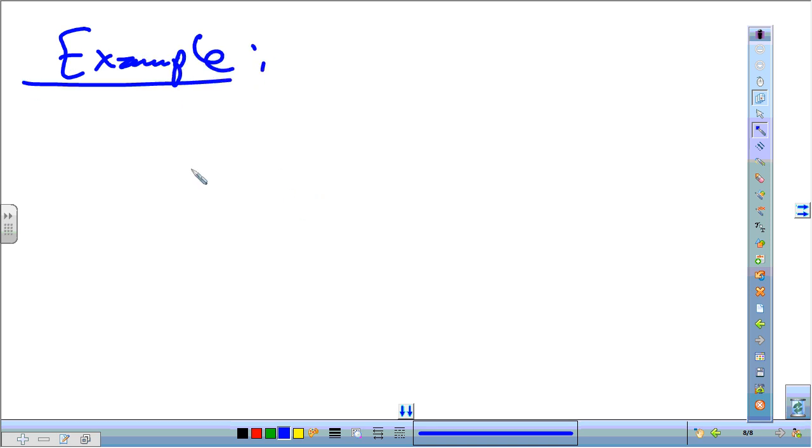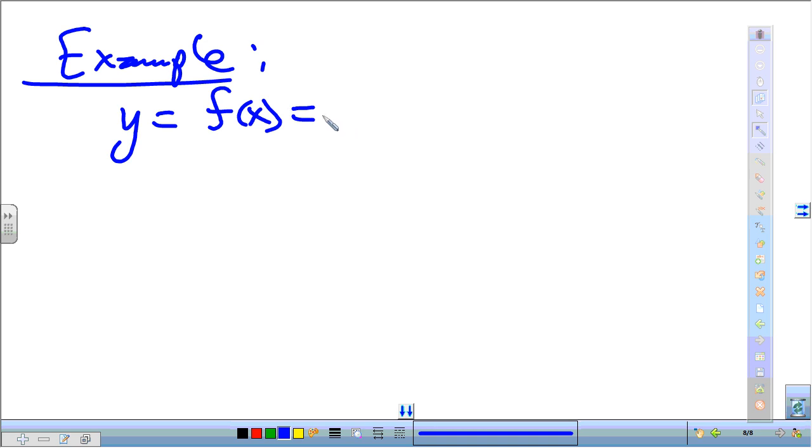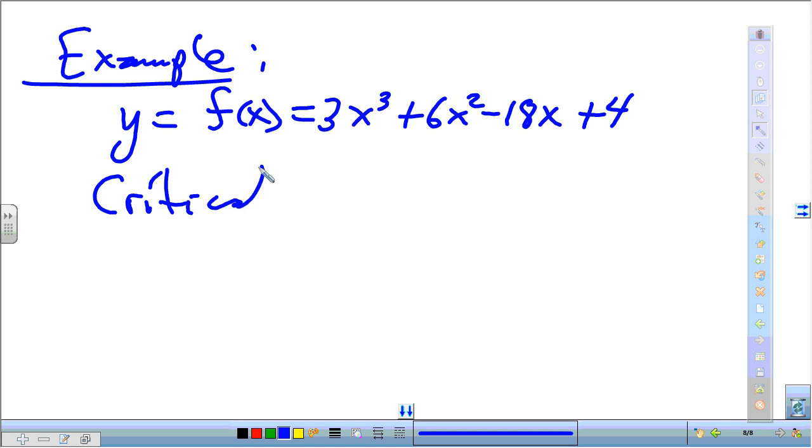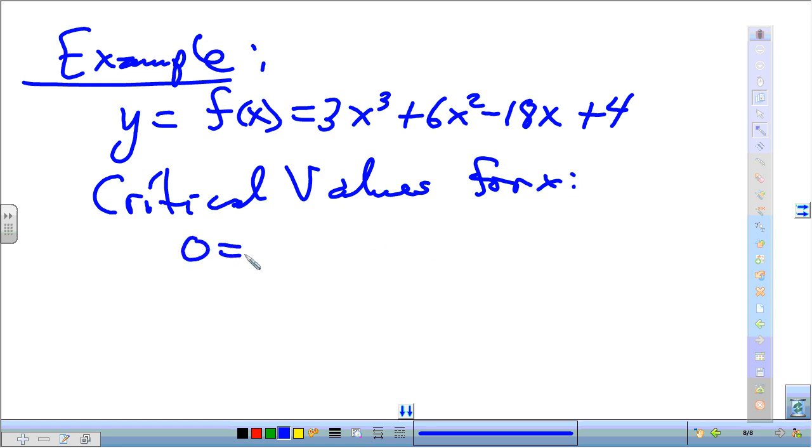So let's take an example. What if our curve was given the second coordinate by 3x cubed plus 6x squared minus 18x plus 4. So we would hunt for critical values. In this case, where is the derivative equal to 0?